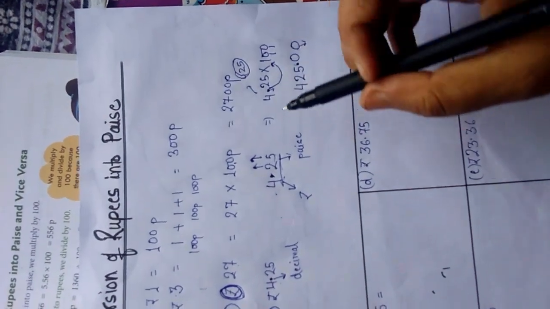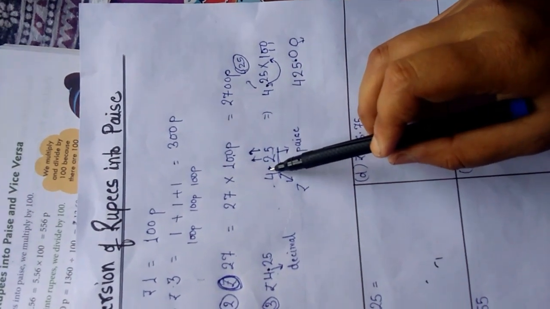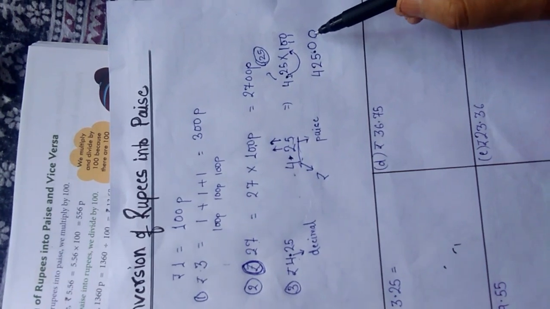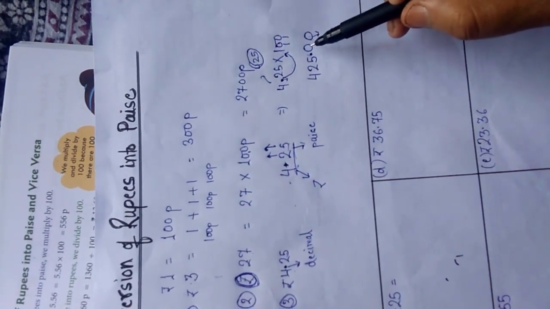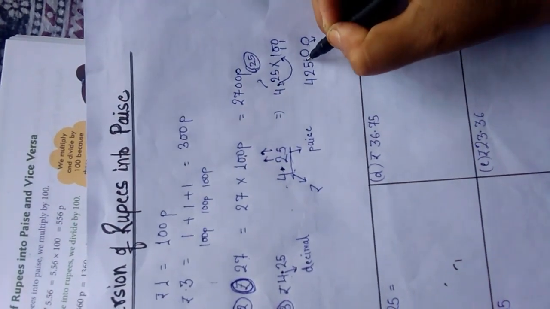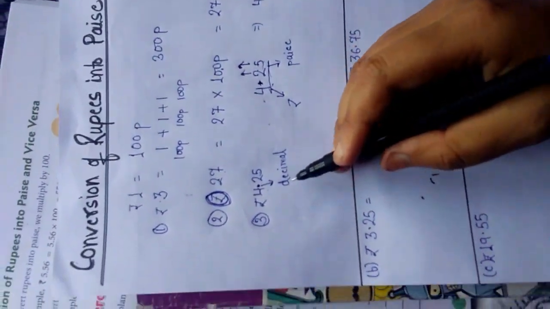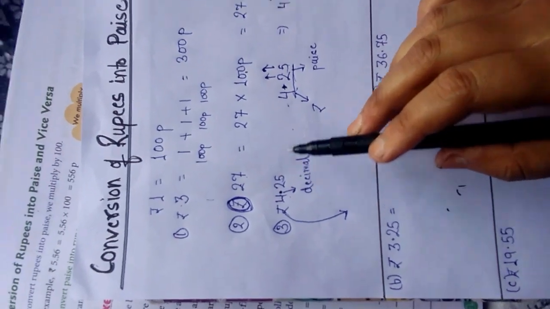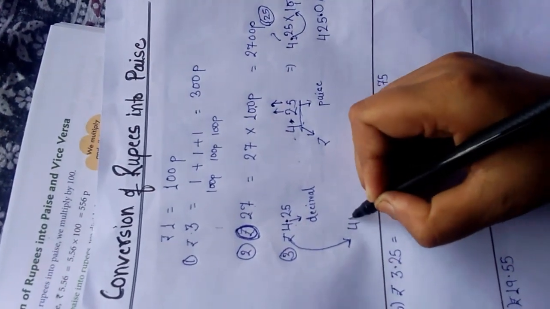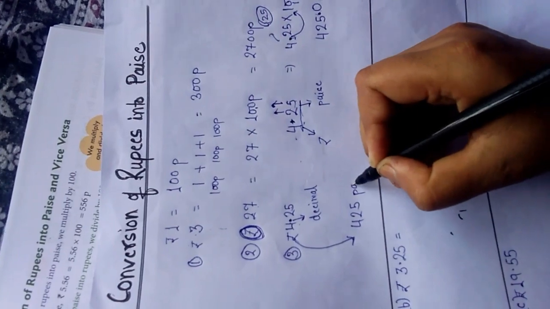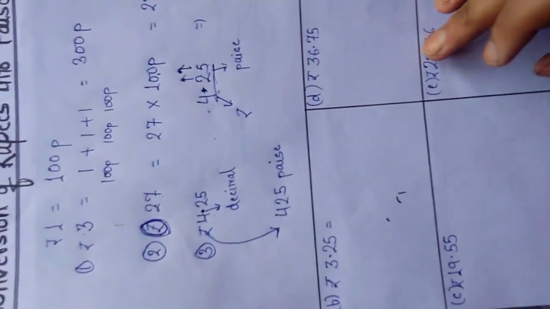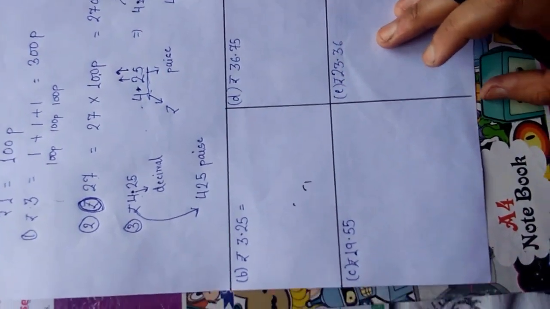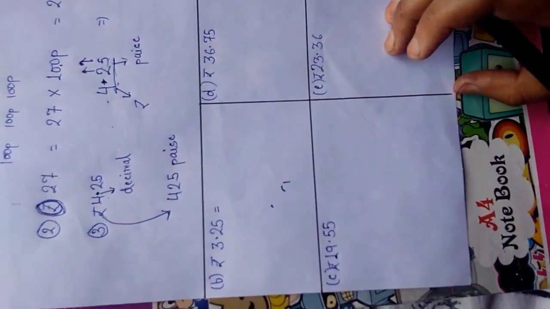We should leave 2 digits here, because after this decimal there are 2 digits, so we place the decimal here. Hence we can say that in 4 rupees 25 paise there are 425 paise. Understand, students? Then second, we are discussing the book question.